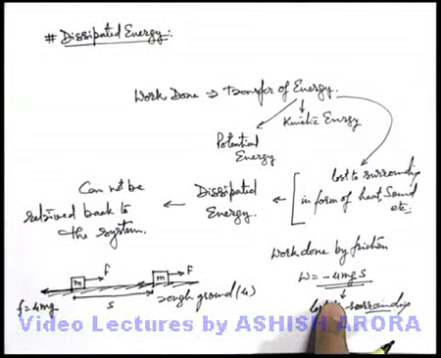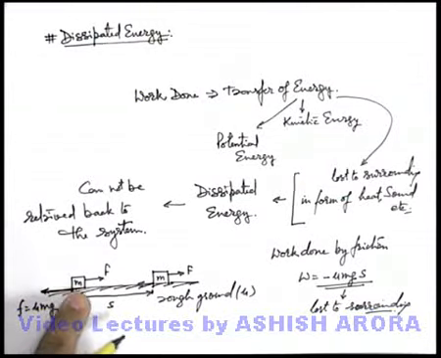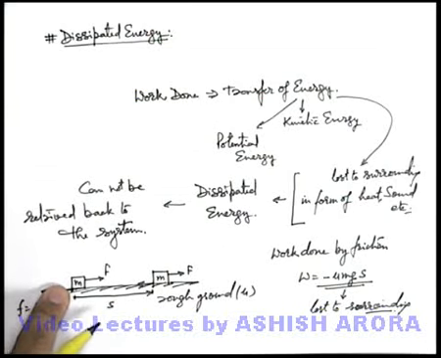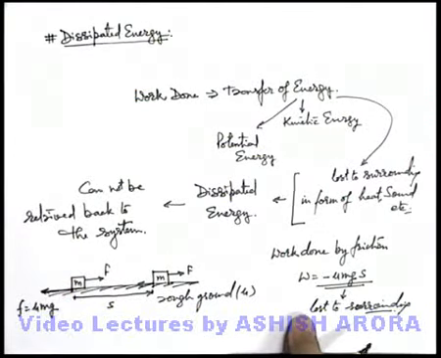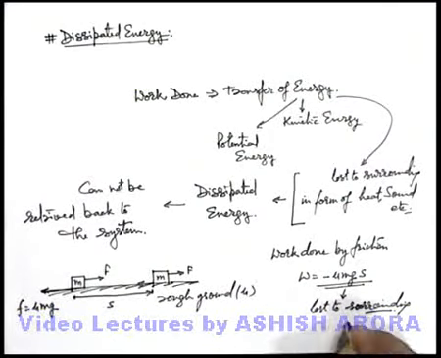It is lost in form of heat which is developed and distributed between body and ground. Certainly it cannot be retrieved back for any sort of work or any sort of mechanical process. So we can simply state the energy which is lost to surrounding, or the negative work done by the friction which is gaining energy, is called dissipated energy.